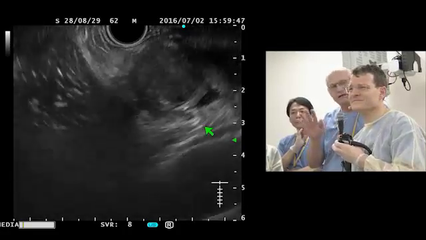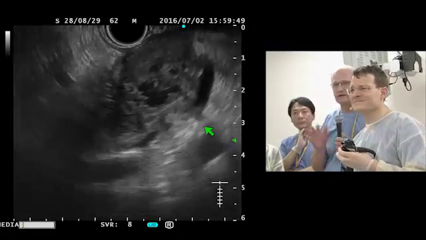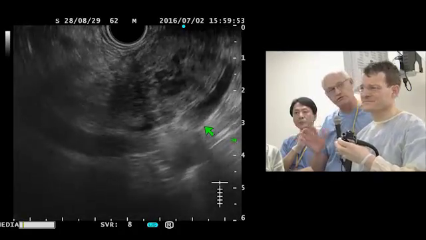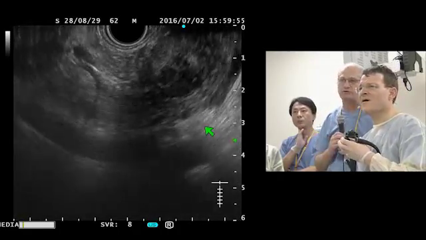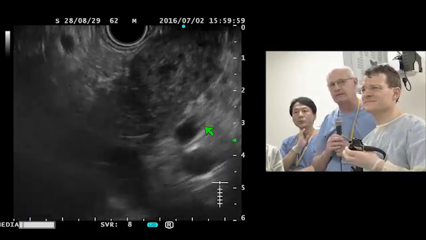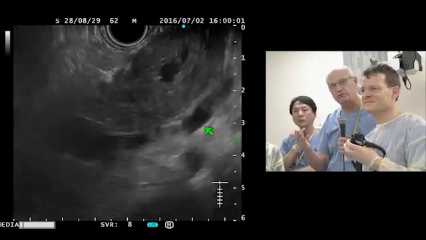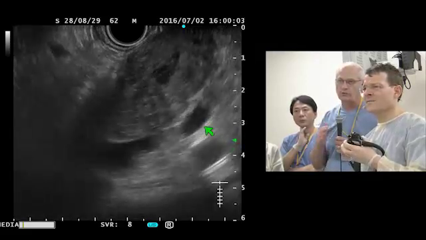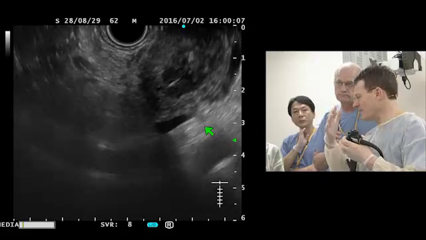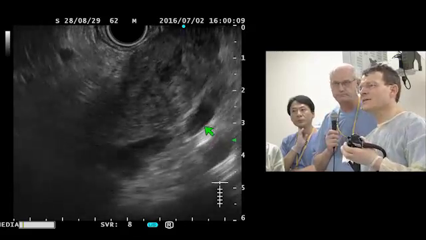And I think there are some atypical features about this. Maybe the cystic areas are necrosis, which can be seen in regular adenocarcinoma, but it's also certainly seen in neuroendocrine tumors as well.